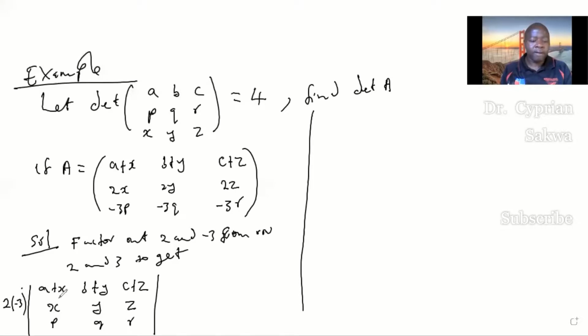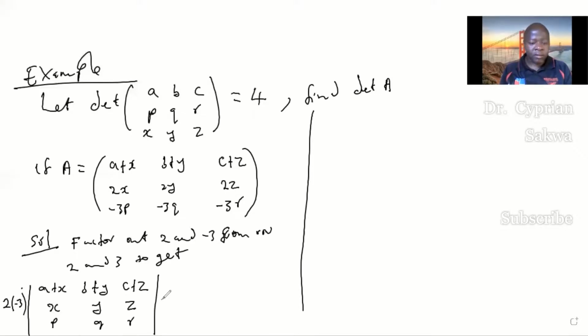Now, we've seen that adding a row to another row or subtracting a row from a row does not have an impact on the determinant. So the determinant remains the same.